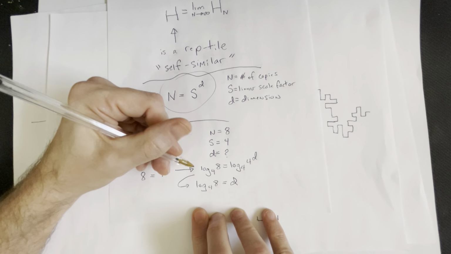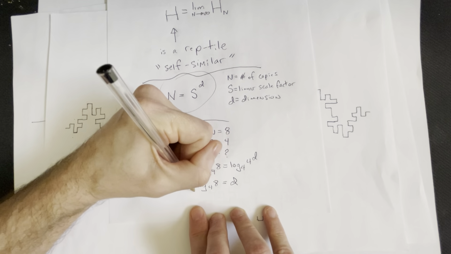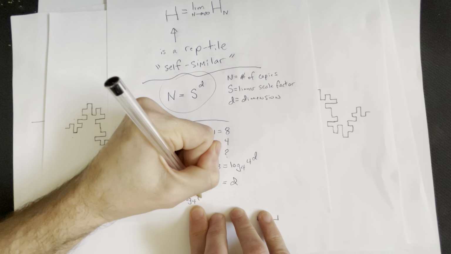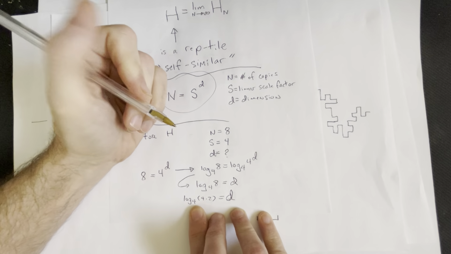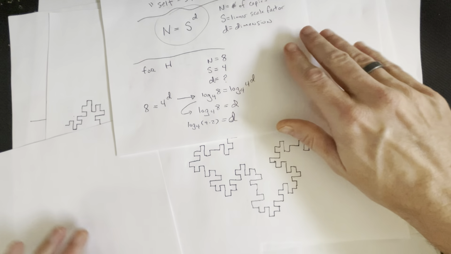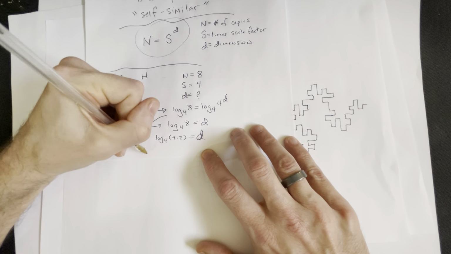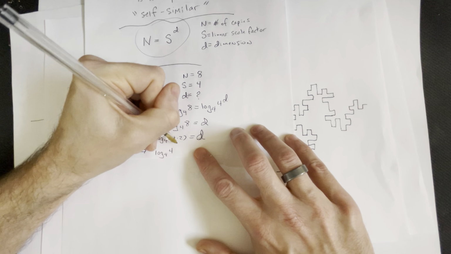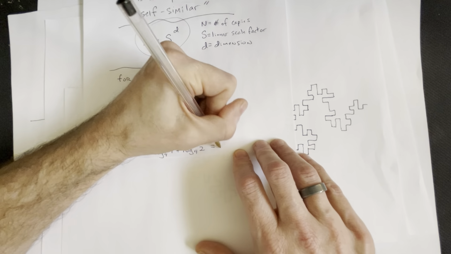Well, maybe this will help. What if I rewrote this as log base 4 of 4 times 2 equals D? Then we'd get log base 4 of 4 plus log base 4 of 2 equals D, right?